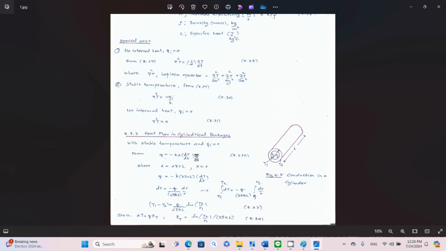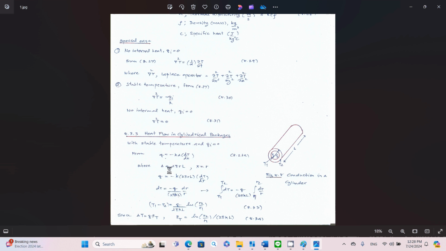That's a one-dimensional rate. You don't have the terms x, y, and z. Now let's simplify the equation for the cylinder. Take a look at the figure here.